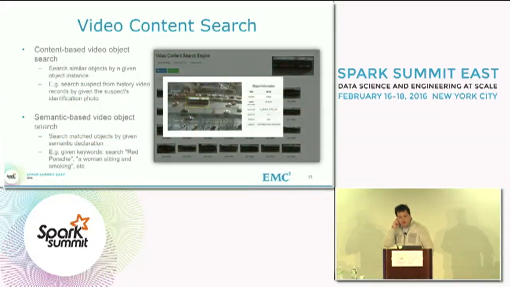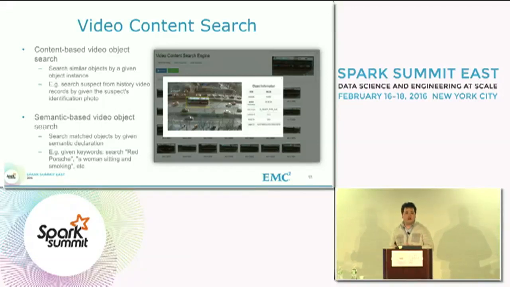So video content search is a very important feature of VADL. Here it has 2 forms. The first one is content-based video object search, which will look for the objects within video frames that are similar to a given object, most likely an image.